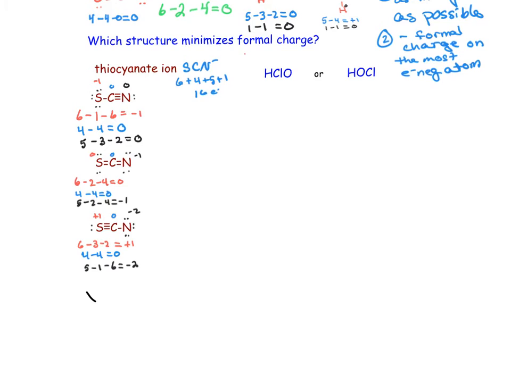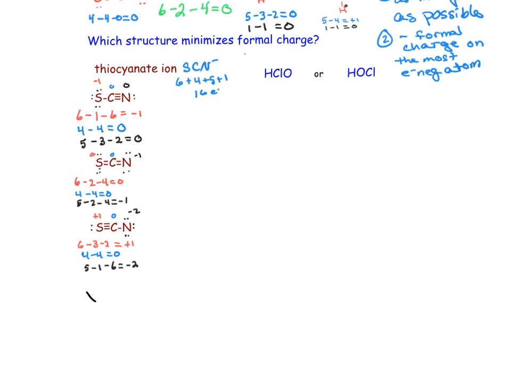Okay, take a second and make sure that your answers match mine. I have 0 on sulfur, 0 on carbon, and -1 on nitrogen, or +1 on sulfur, 0 on carbon, and -2 on nitrogen.